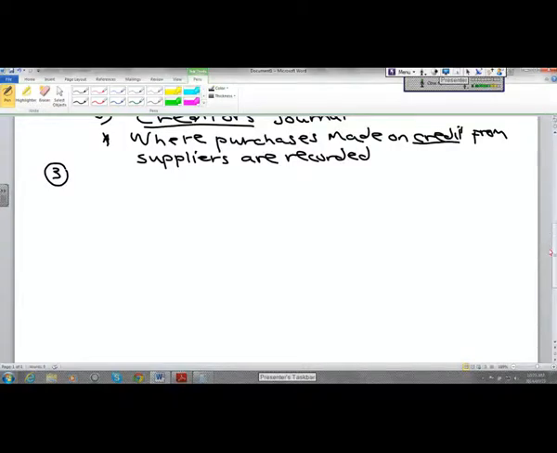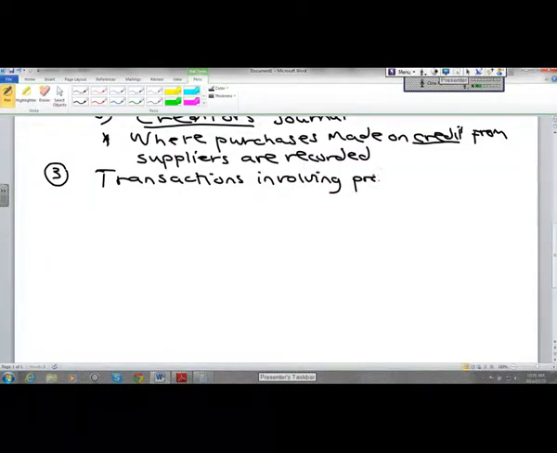In the third category, we deal with transactions involving problems with transactions in category 2 above.